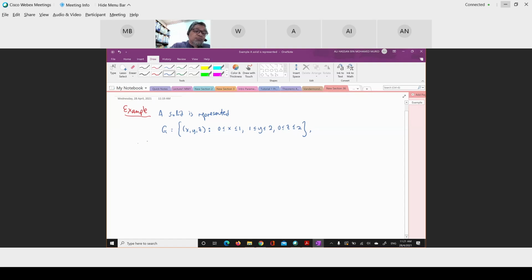Since we are dealing with solid mass, the unit is kilogram, or some unit mass.